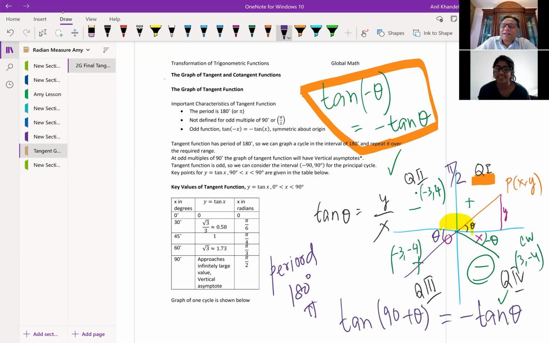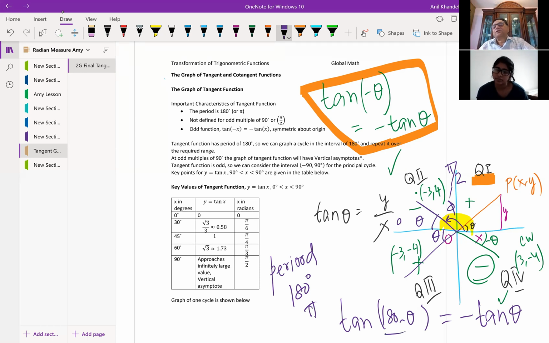Because if I'm making an angle here, for example, let's say phi, then actually this angle is what? I should not write like this. I should write tan of 180 minus theta. So if this angle is theta, then the other angle is 180 minus theta.